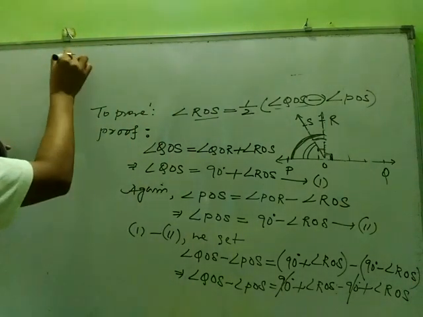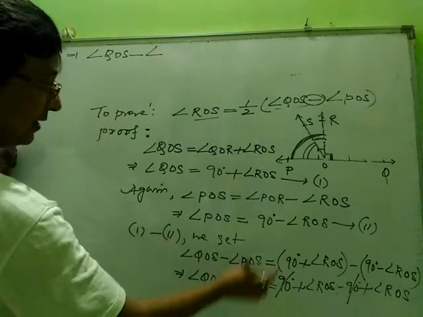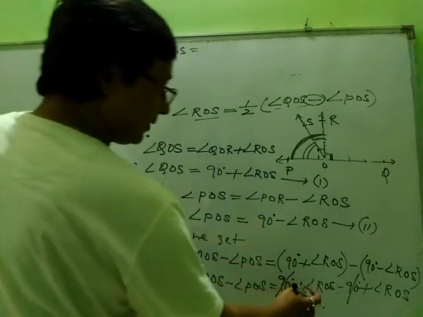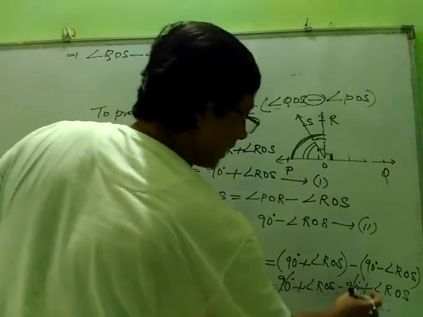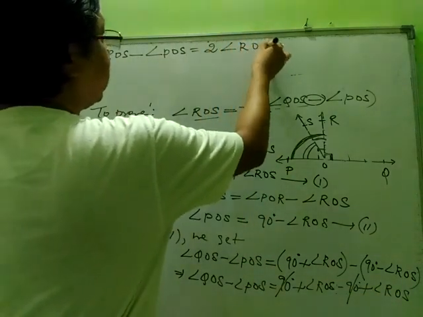So this will give angle QOS minus angle POS equals angle ROS plus angle ROS. You will get twice angle ROS.